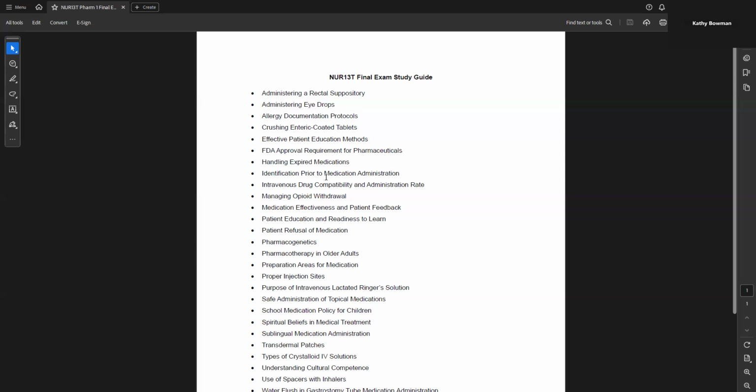All right. So IV drug compatibility and administration rate. Oh, I'm sorry. Identification prior to med administration. What do we have to verify before we give meds? Name and date of birth. So verify two patient identifiers, right?